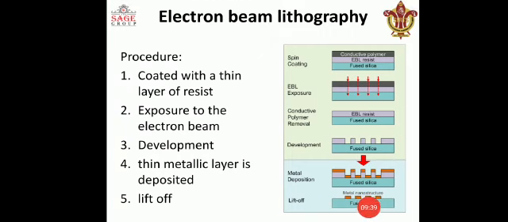After metal deposition, the remaining unexposed resist is dissolved in an aggressive solvent, known as lift off, and the metal sticking to the resist loses footing, so only the metal sticking to the substrate remains. So this is the step by step procedure.